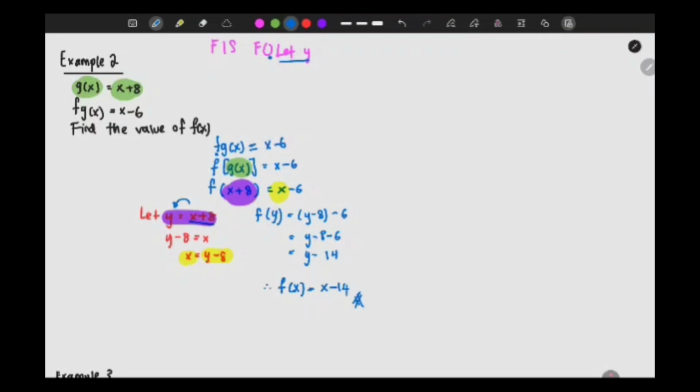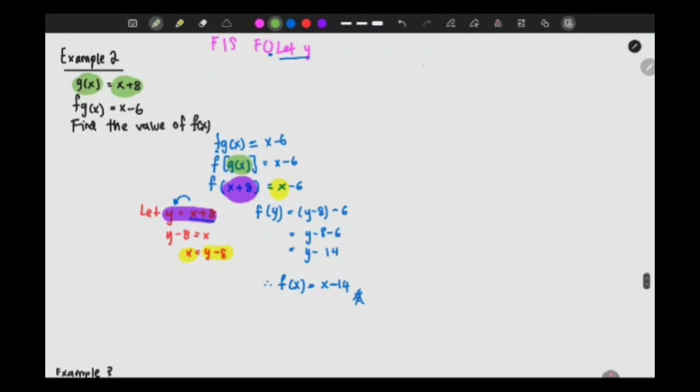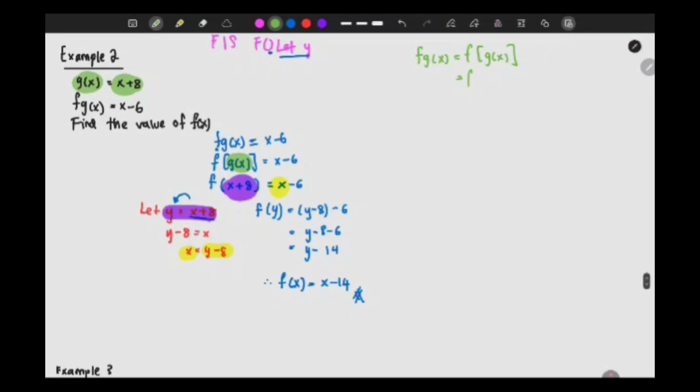So let's check whether fg(x) is x minus 6 or not. First thing first, how do you find the fg(x)? You expand them. Split. Substitute your g(x) first. So your g(x) is x plus 8, and assume whatever is inside your bracket as x, so it looks like f(x), isn't it? And what's your f(x)?